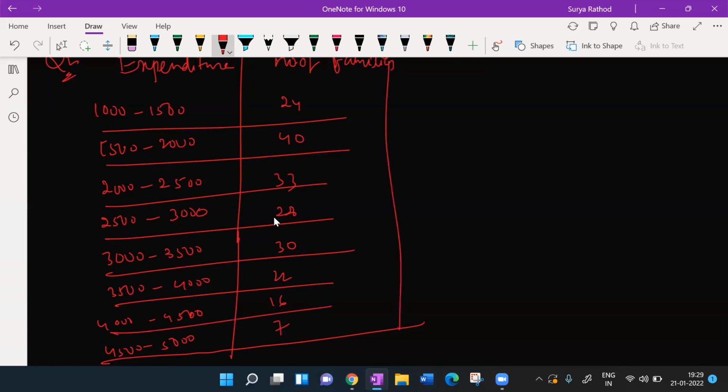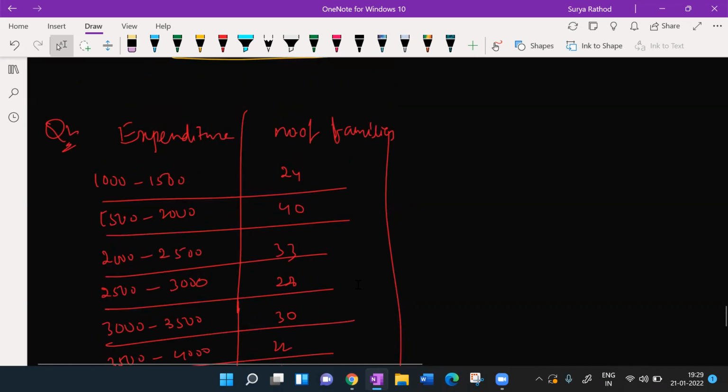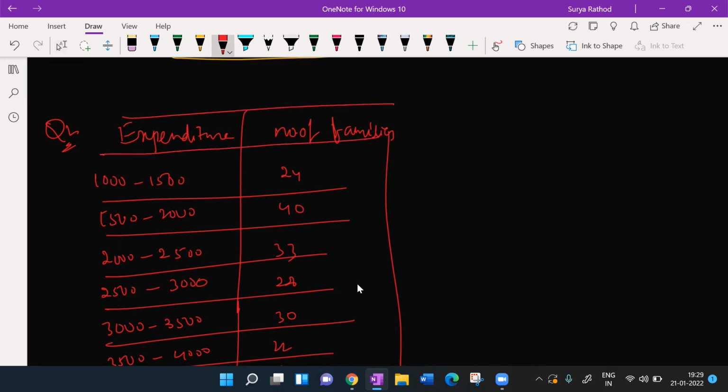Now, what is being asked? Try to understand the question first. This table gives the total monthly expenditure as well as the number of families, 200 families. This is the monthly expenditure of 200 families.